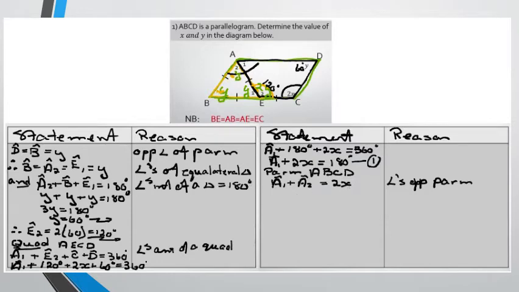Now I'm looking now at this A1 down here. Let me first do it like this. I'm going to take this A2 to the right hand side.